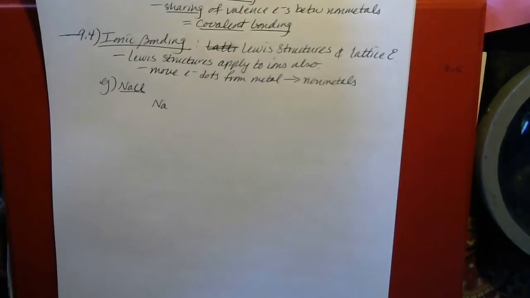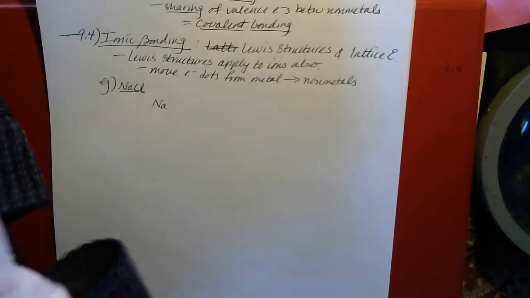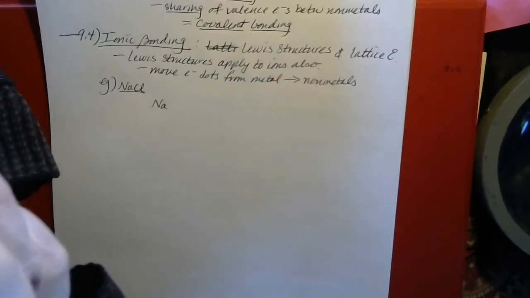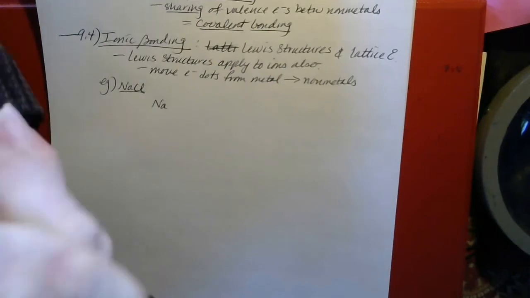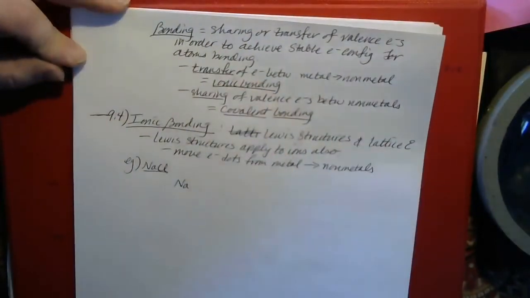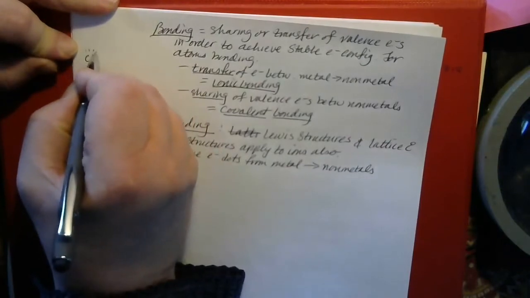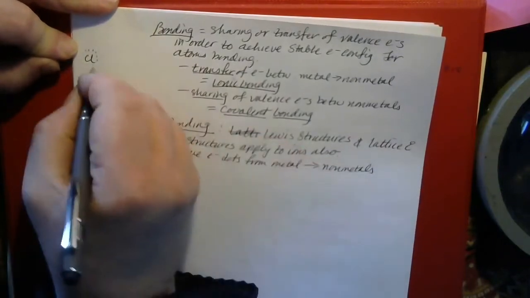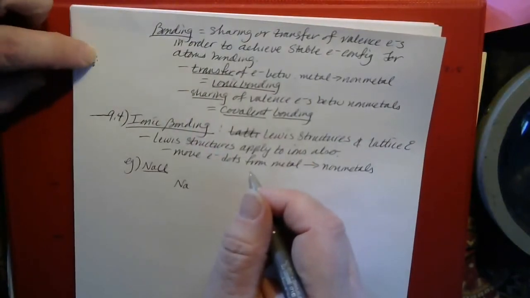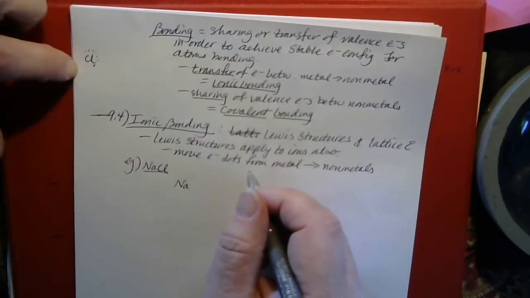Segregating off the dots into certain areas around the symbol allows us to understand how many electrons something has at a glance. If I were to write symbols with the dots any old place, I could write chlorine with this number of dots, and writing them like that, you'd have to sit there and count the dots to tell whether that's a chlorine atom or a chloride ion.